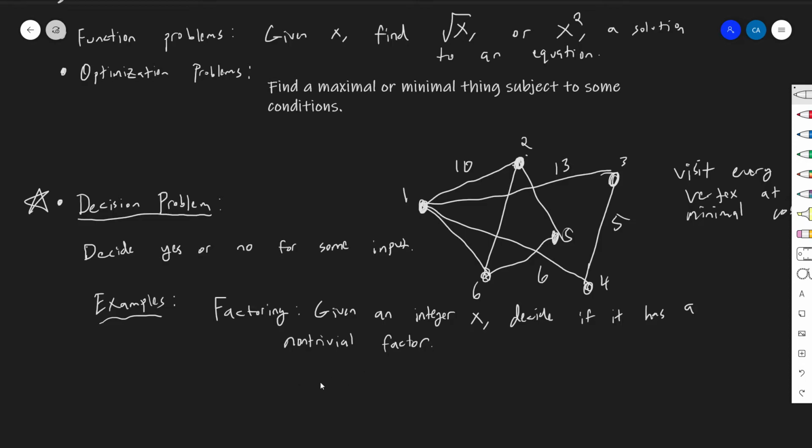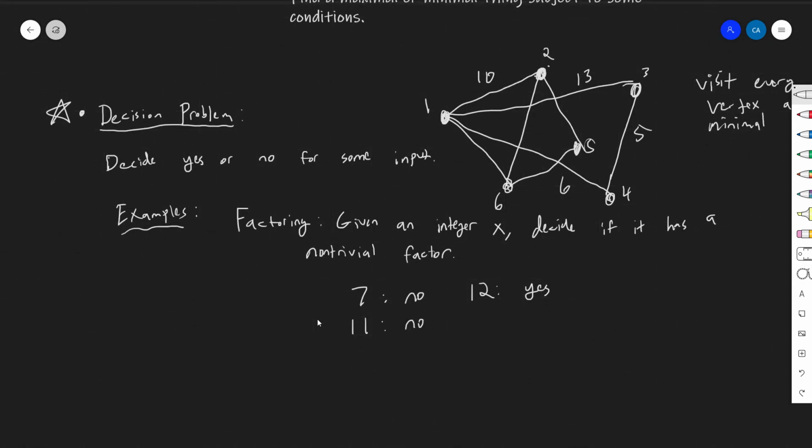So if you're given the number 7, then the answer is no. If you're given the number 11, then the answer is still no. If you're given 12, then the answer is yes. If there's a number that divides the integer that isn't 1 or itself, that's what you want to decide, yes or no to that.